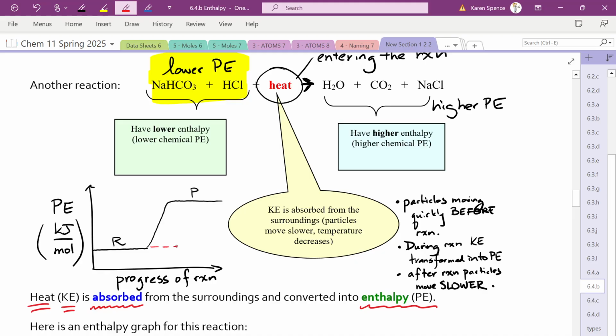There's two places you could draw that change in enthalpy arrow. You could do it over on the right, delta H, or you could do it over on the left, delta H, and don't forget to make it touch each of the lines.